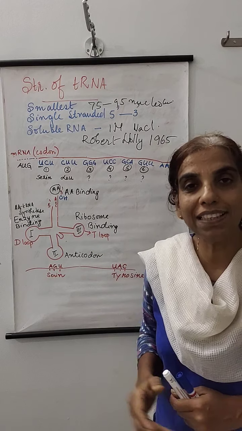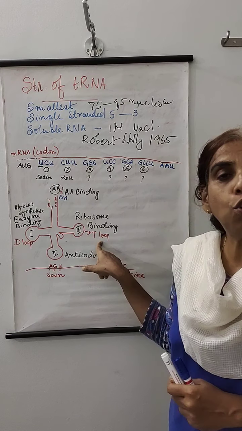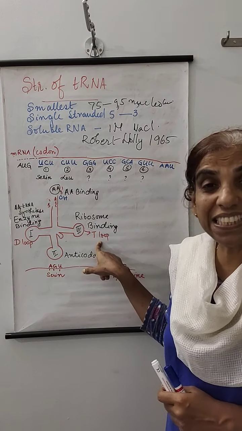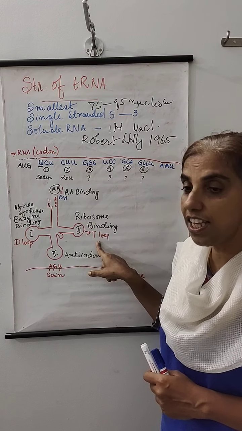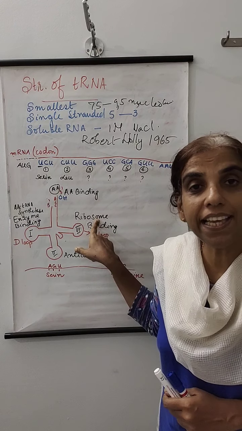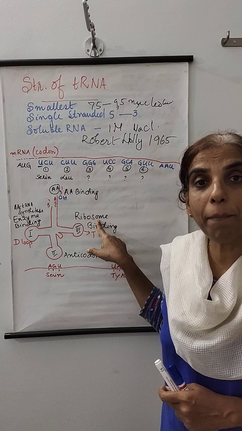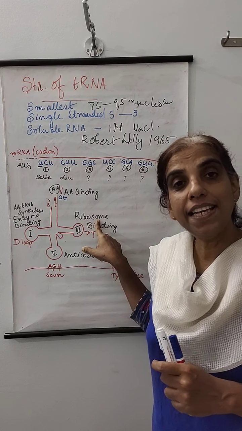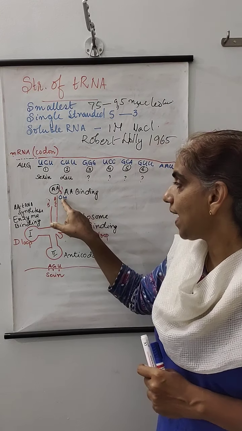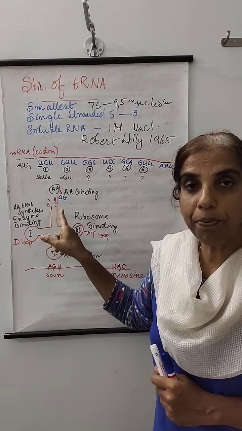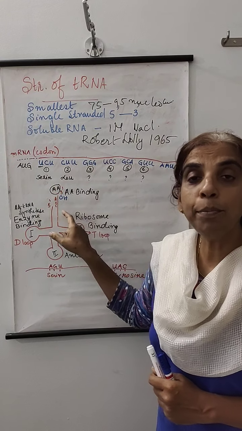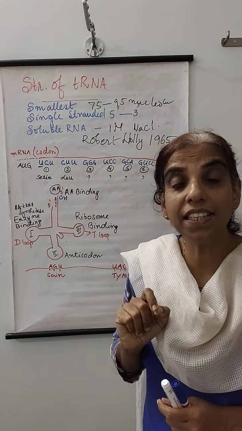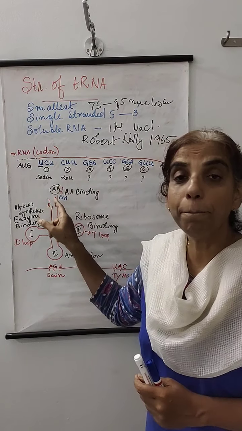Then we go to the third loop. The third loop is called the T loop, and this T loop is mainly responsible for binding with the ribosome. At the 3' end, the activated amino acid can bind.